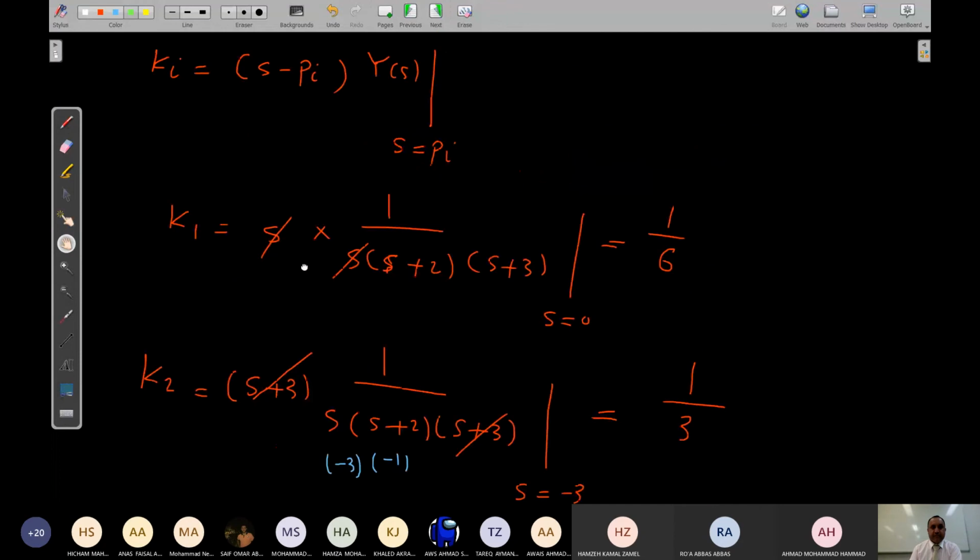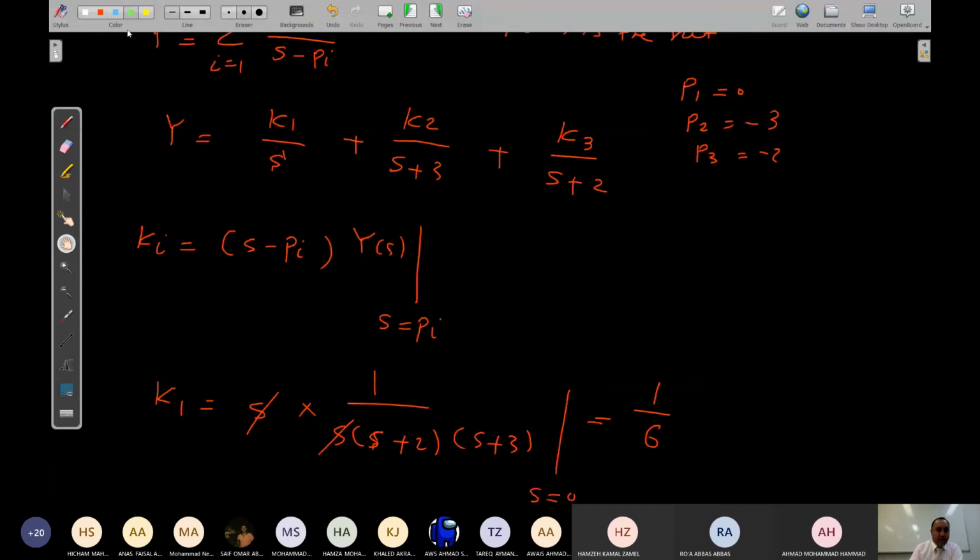Now I can write Y of S. Y of S will equal 1 over 6 multiplied by 1 over S, plus 1 over 3 multiplied by 1 over S plus 3, minus 1 over 2 multiplied by 1 over S plus 2, correct?